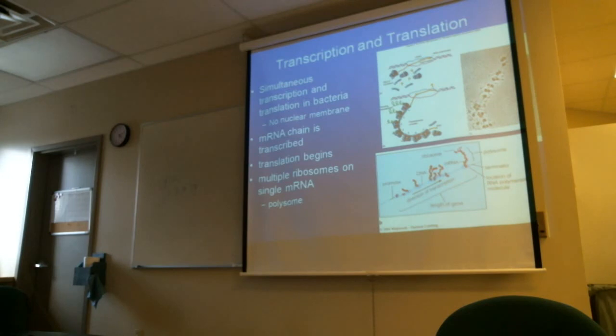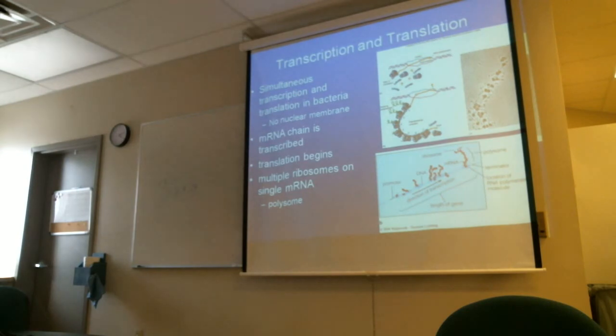With a eukaryotic cell, remember, you have to finish transcription and then send it out through a nuclear pore into the cytoplasm. With a bacterial cell, there's no barrier there, so it can start as soon as transcription starts. So those proteins theoretically could be built rather quickly compared to a eukaryotic cell, as it can go on together.